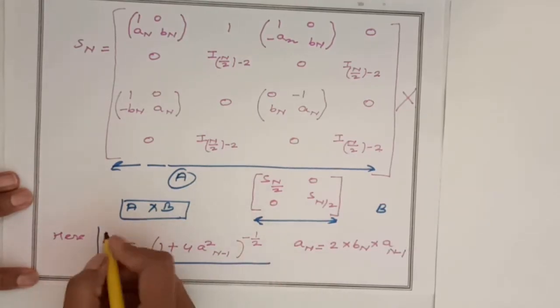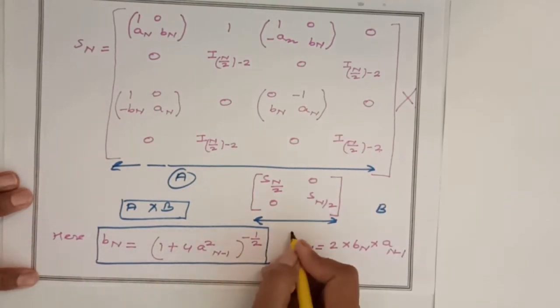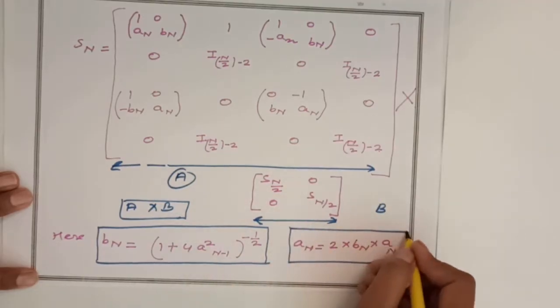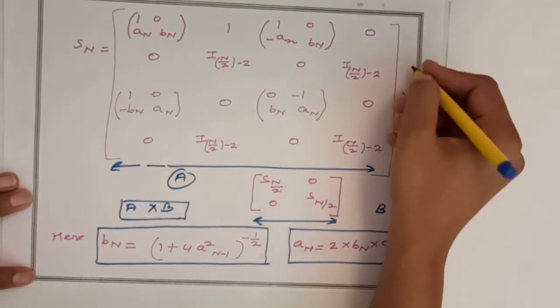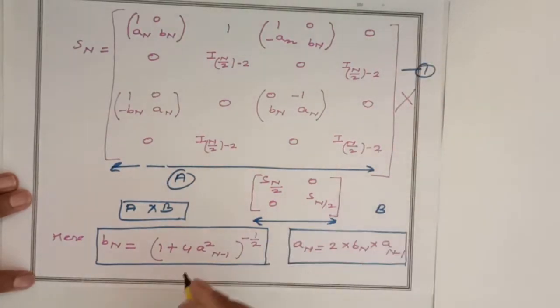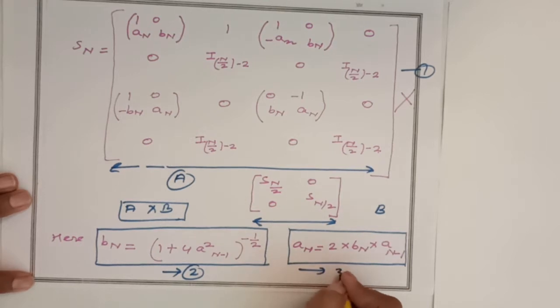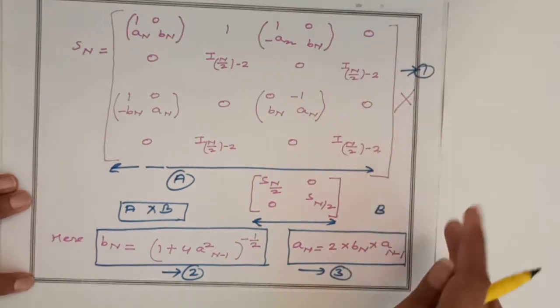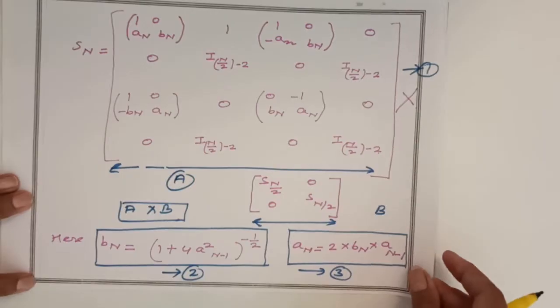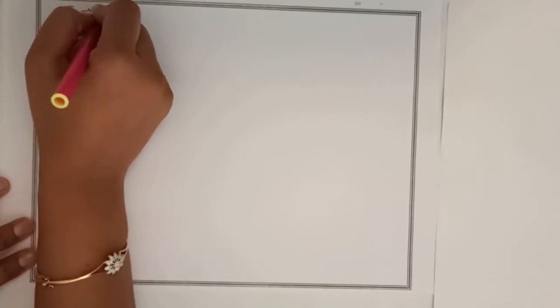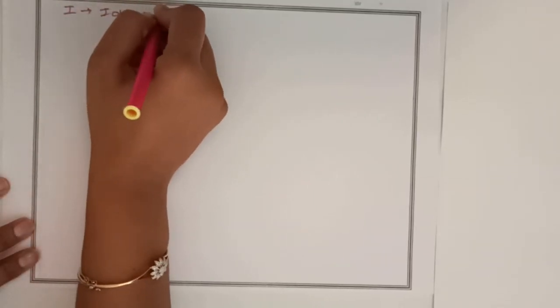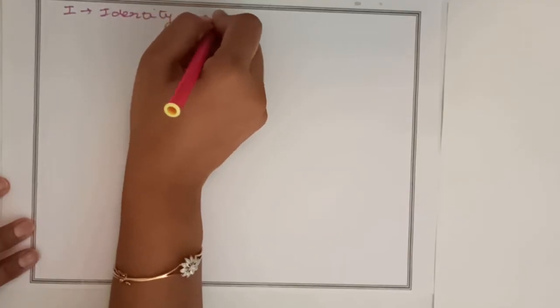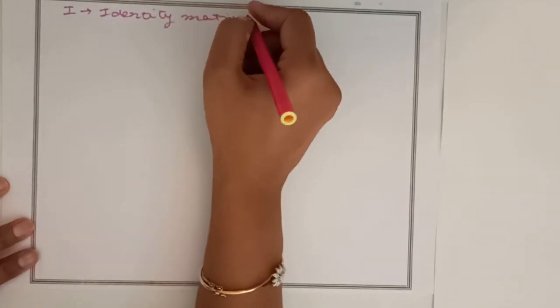So these are the equations via which an and bn can be calculated. Let us say this is equation number 1, this is number 2, and this is equation number 3. I is the identity matrix.